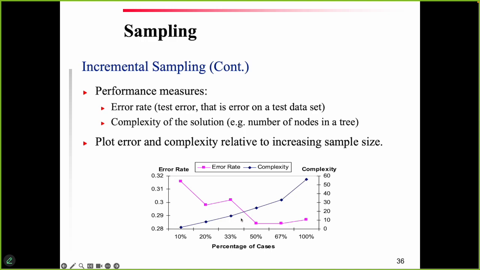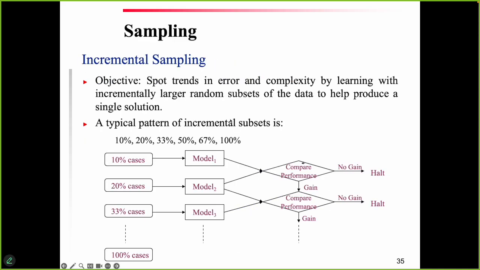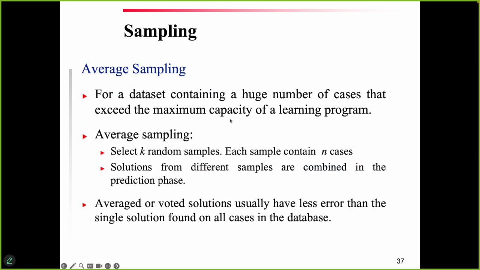Up to some point, this trade-off makes sense, where you increase the model complexity a little bit while reducing the error rate a lot. But after some point, if your model is too complex and the error rate is not changing a lot, that means you do not see much performance gain, then you stop. And this is basically what you were seeing here.